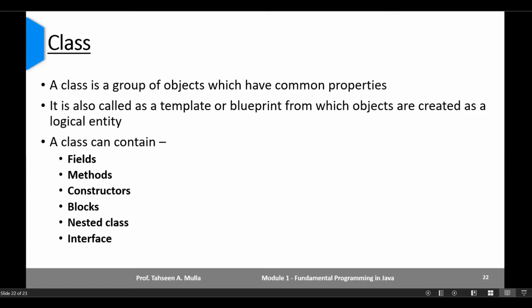So if I want to implement it in a logical part, technically, programmatically, I need my class with all these fields. What I need are the different fields, the methods, the constructors, blocks, nested classes, interfaces, and so on. These are some of those listed, which we'll be seeing technically in our further lectures.